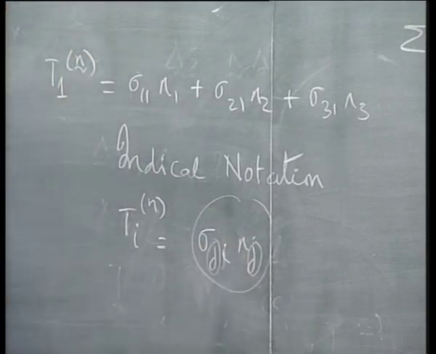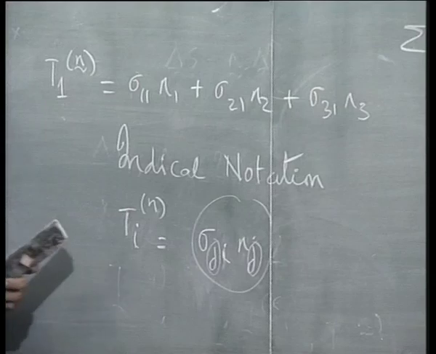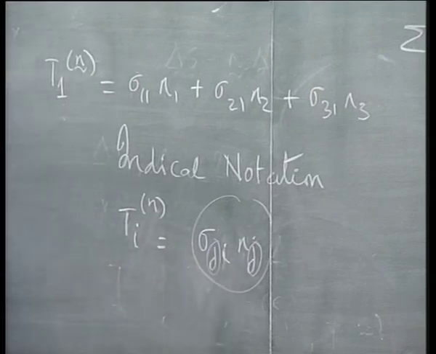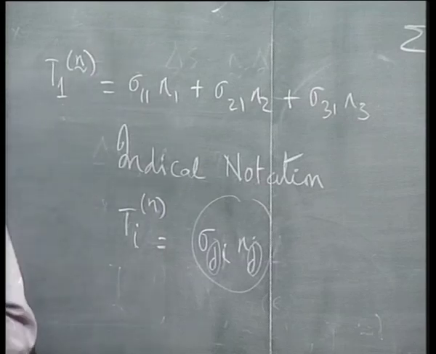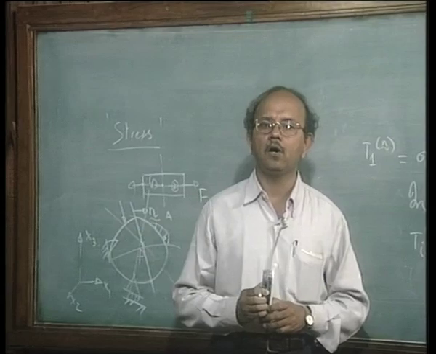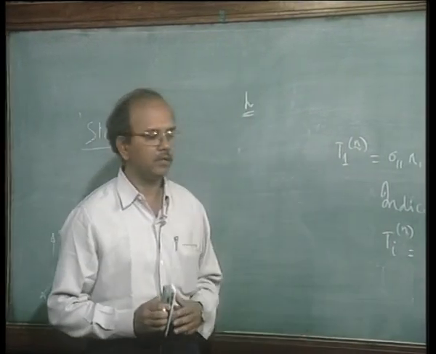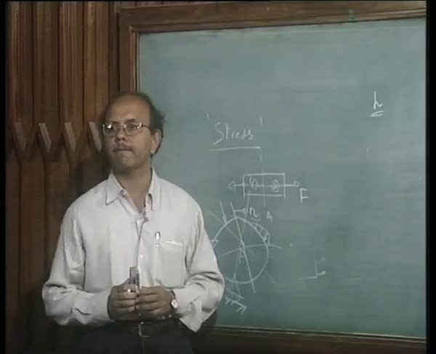The index j is repeated in that particular group. And i appears on the left hand side and right hand side. In other words, some indices are repeated and some indices are free. We will learn more about these two indices in the next class, what these indices mean and how you use the summation convention.